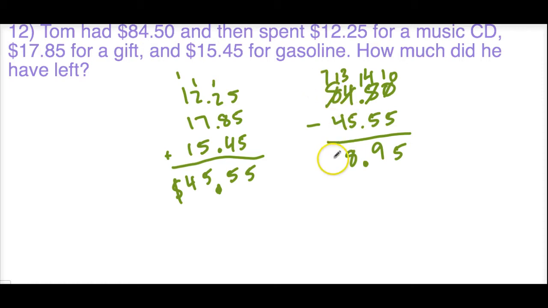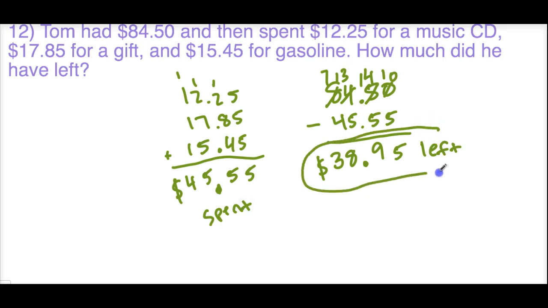And then 7 minus 4 is 3. So I've got $38.95 left is what my answer indicates. And I'm going to add that to my answer so I know that that's what it is. So over here is $45.55 spent. And this is what he had left. So this is my final answer. Okay?